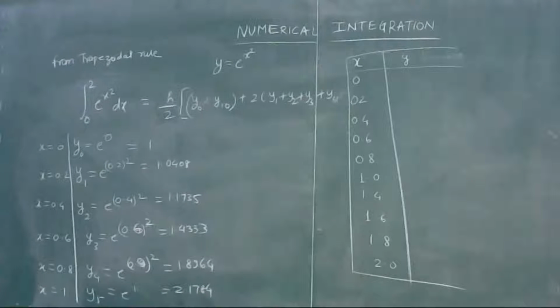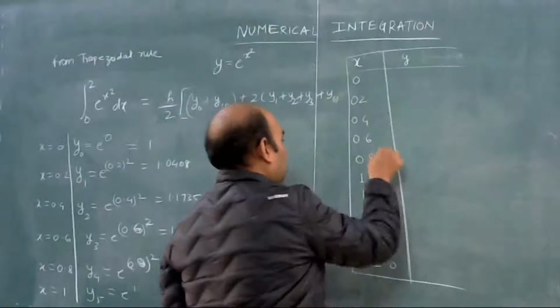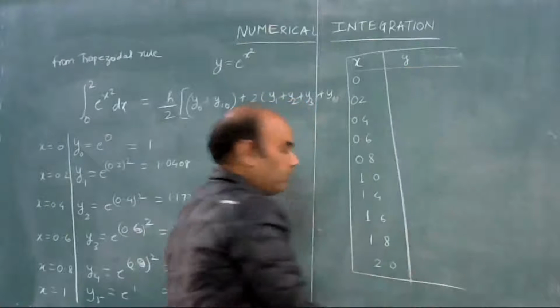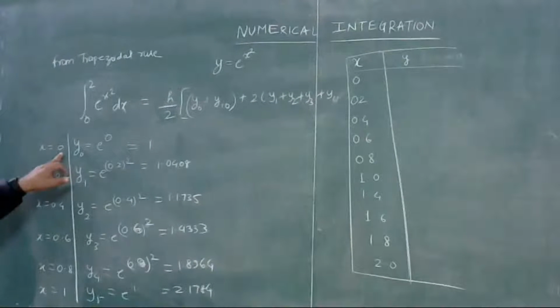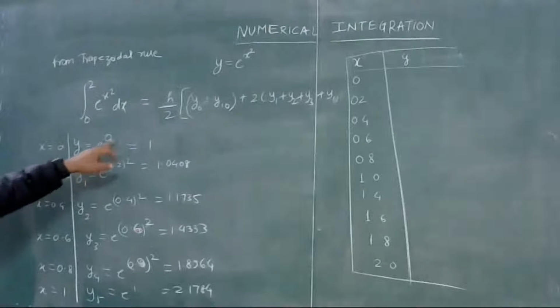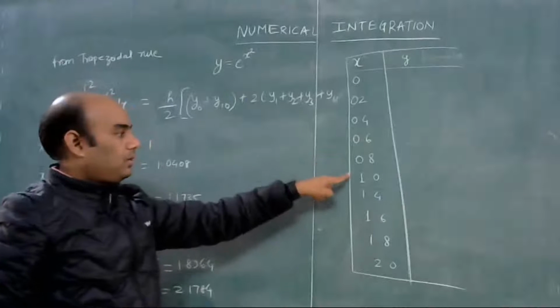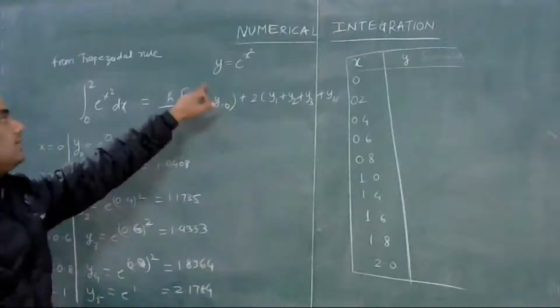Okay, so what have we done? Here we have x0, x1, x2, x3, x4, and so on, and we have to find the corresponding value of y. So when x is equal to 0, this is e to the power 0. Then 0.2, 0.4, 0.6, 0.8, 1, 1.2. You have to substitute the values of x in this equation.